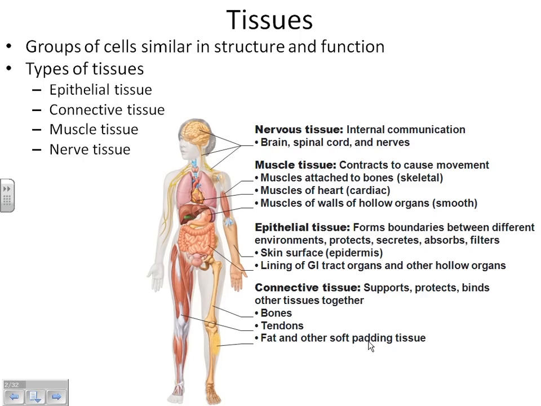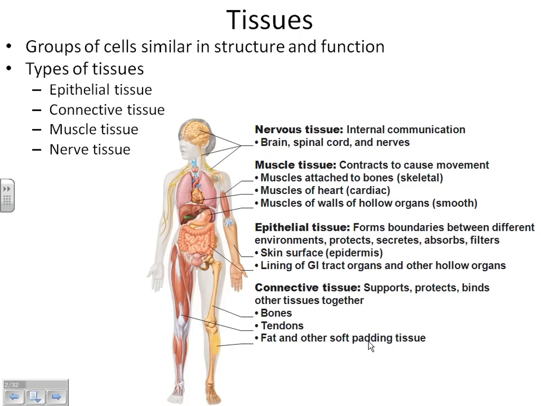Nervous tissue is the tissue in your body only found in your brain, spinal cord, and your nerves. Nervous tissue is special because it's the only tissue that can directly send impulses from one place to another. Now, that's pretty much all we're going to say about nervous tissue until we get to the nervous system. Then we're going to really look in detail at how that works.